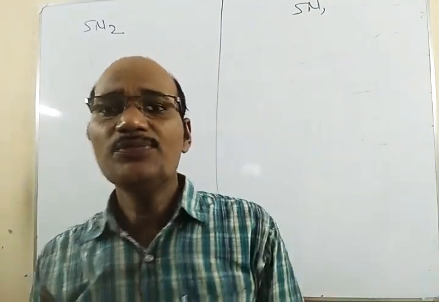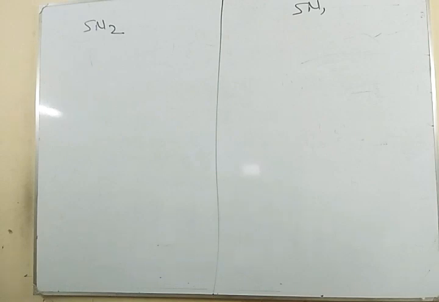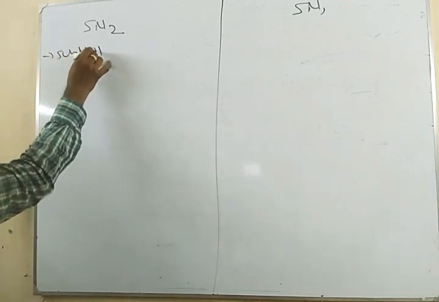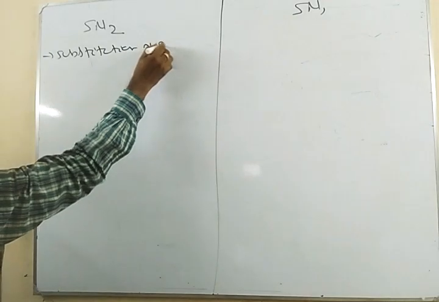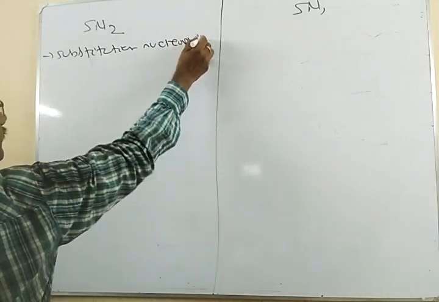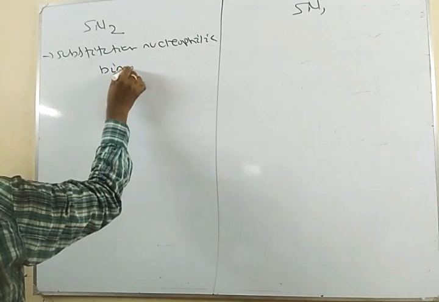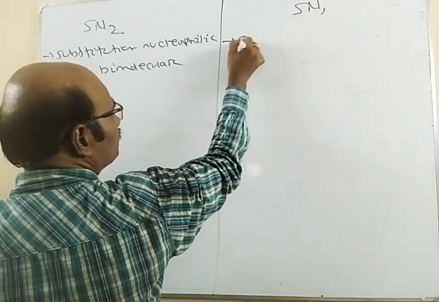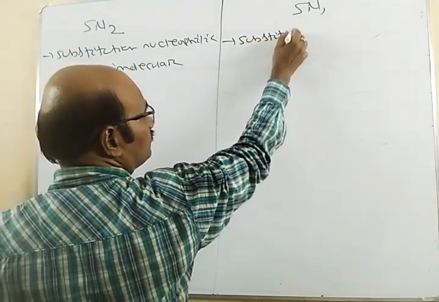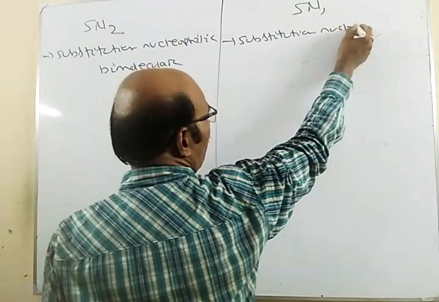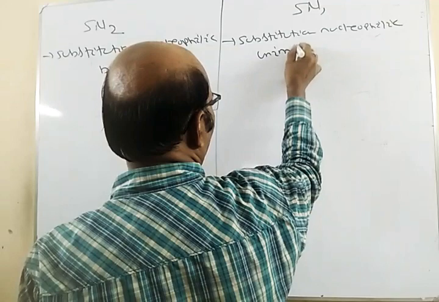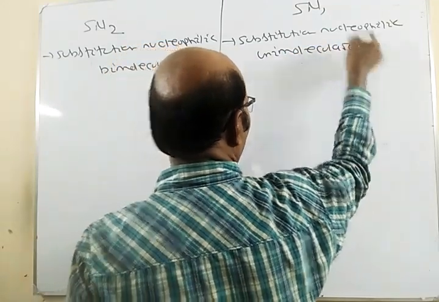Now see, SN2 is substitution nucleophilic bimolecular, and SN1 is substitution nucleophilic unimolecular.